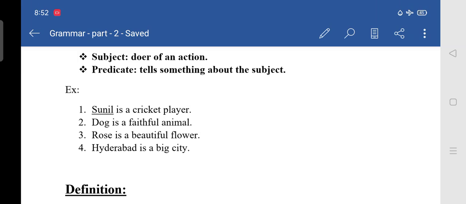You can easily write so many sentences. For example, Sita is a good girl. Here Sita is the subject, and is a good girl means I am telling about her nature. I am telling whether she is a good girl or a bad girl. So Sita is the subject and is a good girl is the predicate.